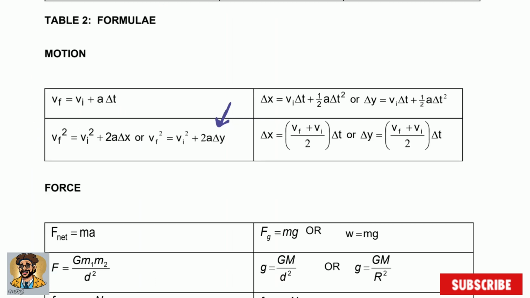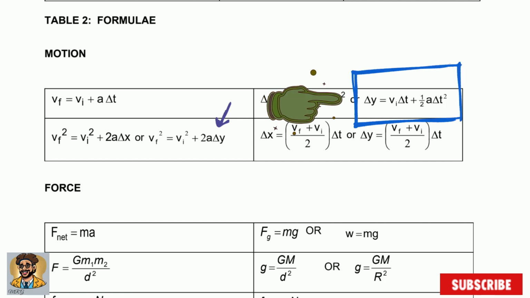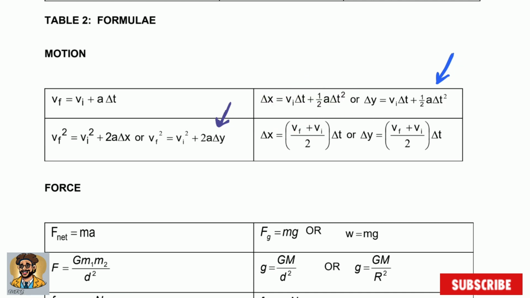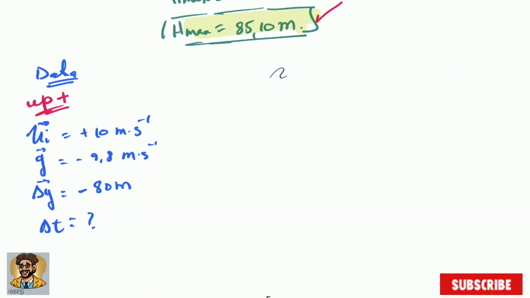Okay? So we once more go back to the equations, to the formulas of motion. And which one are we going to use, guys? This one has all the data we need to calculate. So we come here and we write the formula. Displacement is equal to initial velocity multiplied by time plus half acceleration multiplied by the time squared.